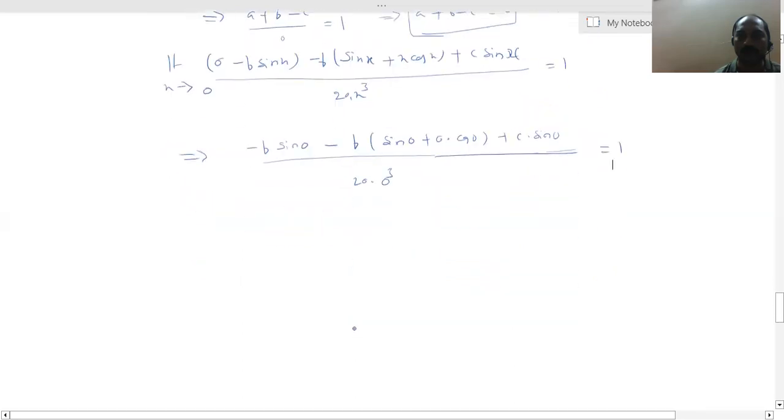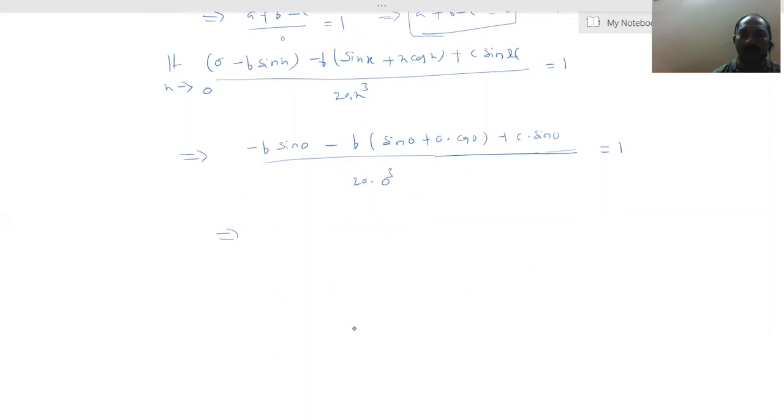See, in the left hand side, no a's and b's. Sin 0 is 0, b into 0 is 0, here 0 into cos 0 is 0, because cos 0 is 1. Even though it is a finite value, it equals 0. Sin 0 is 0, numerator 0, denominator 0. Once again here we get an indeterminate form.